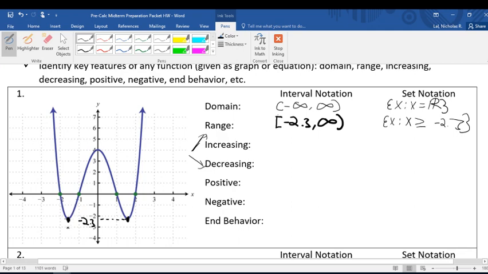Let's call this point negative 1.5, negative 2.3. Okay? It's going to be increasing in between negative 1.5 and 0.